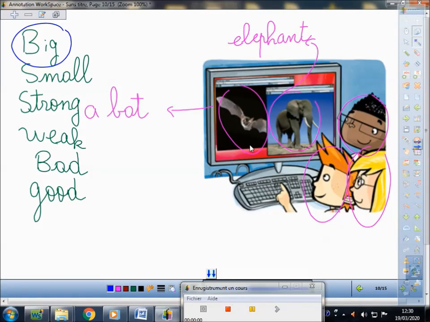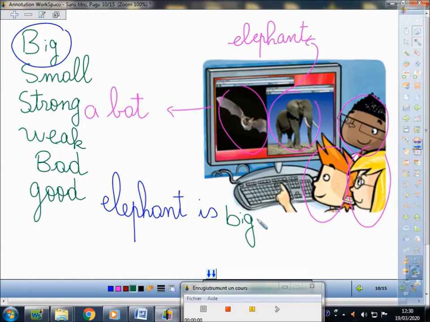Now, let's go back to the animals. We have elephants. Elephant is, I take the example big. I put the example big here, and I try to compare it with the bat.